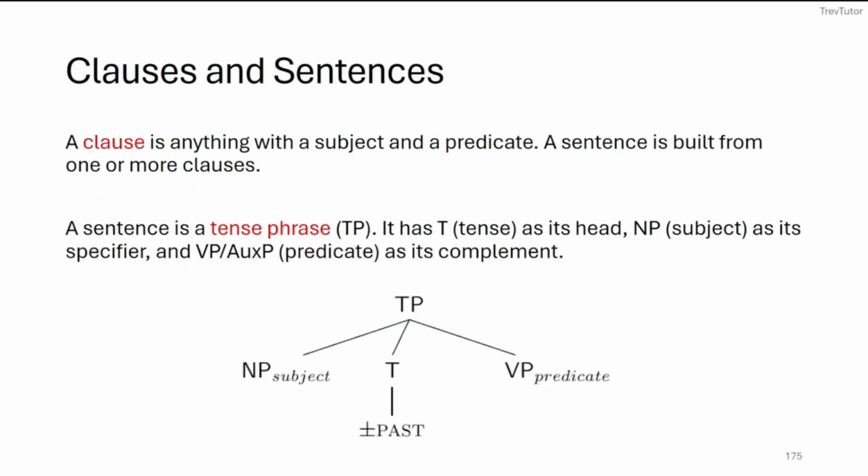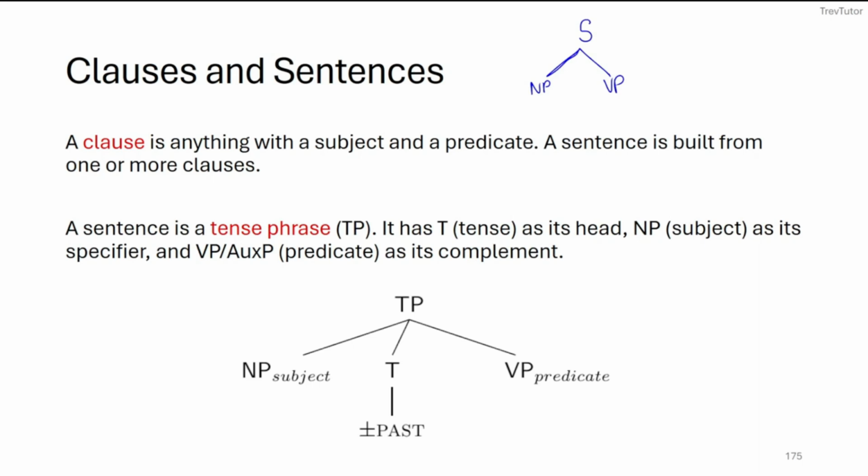Now, we have noun phrases, verb phrases, and all the little phrases that modify these things. So how do we build these together into a sentence? Well, when we described things earlier, we basically just said an S sentence is a combination of a subject and predicate. But we want to include tense as well, because verbs can be present tense or past tense. So we introduce this thing called a tense phrase.